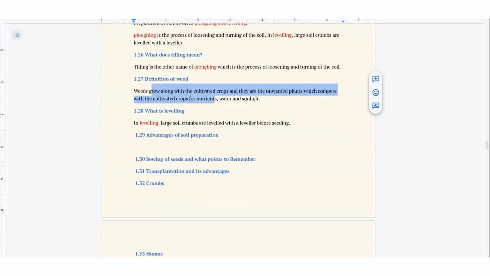Leveling. In leveling, large soil crumbs are leveled with a leveler before seeding. You can imagine a patch of land and then you take a roller kind of thing, but a light one.